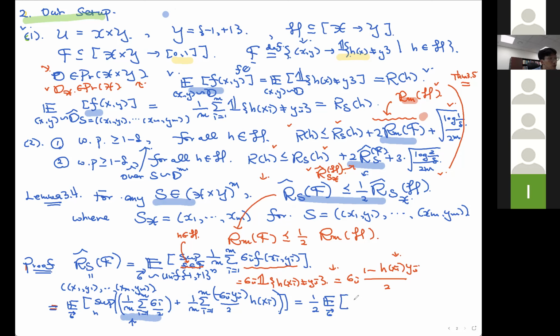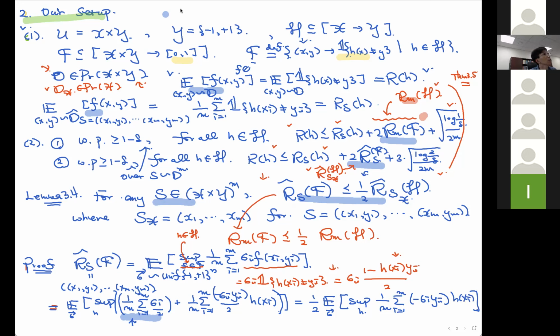And then supremum of h, 1 over m, summation i equal to 1 through m, minus sigma i times h of xi. So here we are using symmetry again.